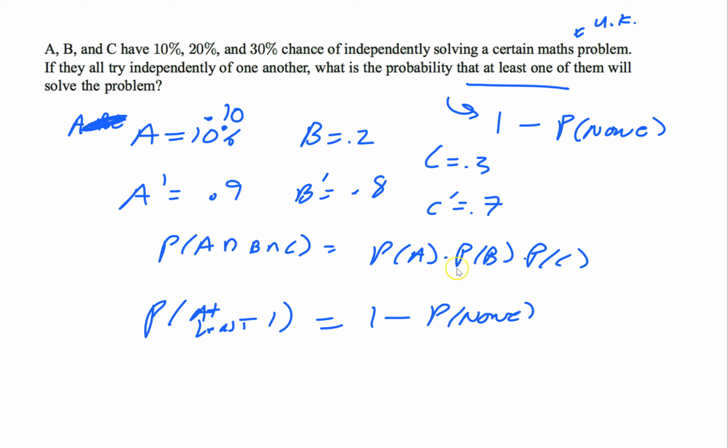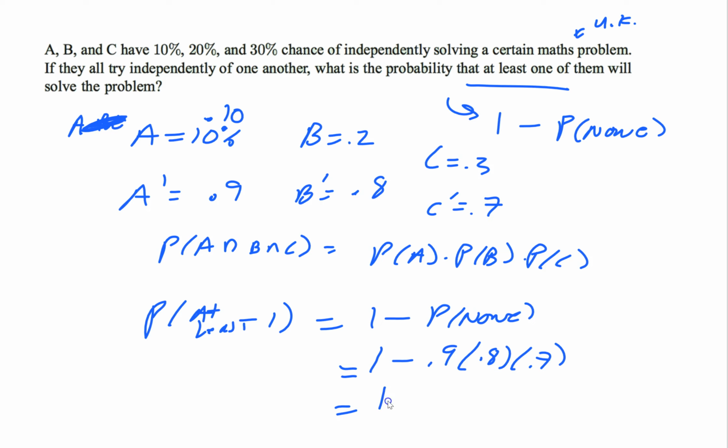And probability of none is all this multiplied together. So 1 minus 0.9 times 0.8 times 0.7. You do all that correctly, and you're going to get 1 minus 0.504, or 0.496. They have a 49.6% chance of at least one of them solving the problem. So it's not bad. And that's this lesson.